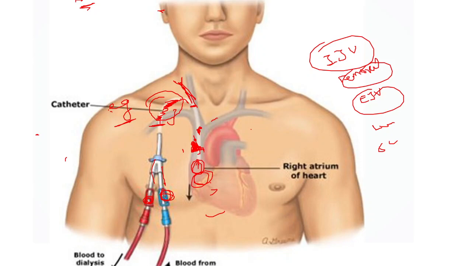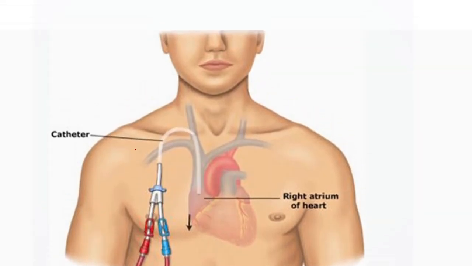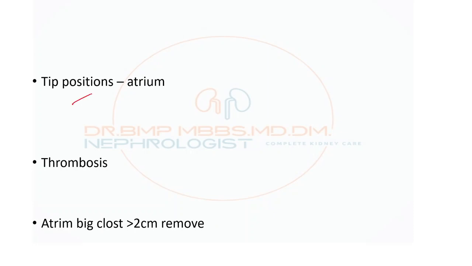Basically what they want to mention is there might be some kind of occlusion inside the catheter. It might have to be repositioned. If there is an infection, better to remove it. As I have told, chance of thrombosis. Atrium, if there is a big clot, that has to be removed.